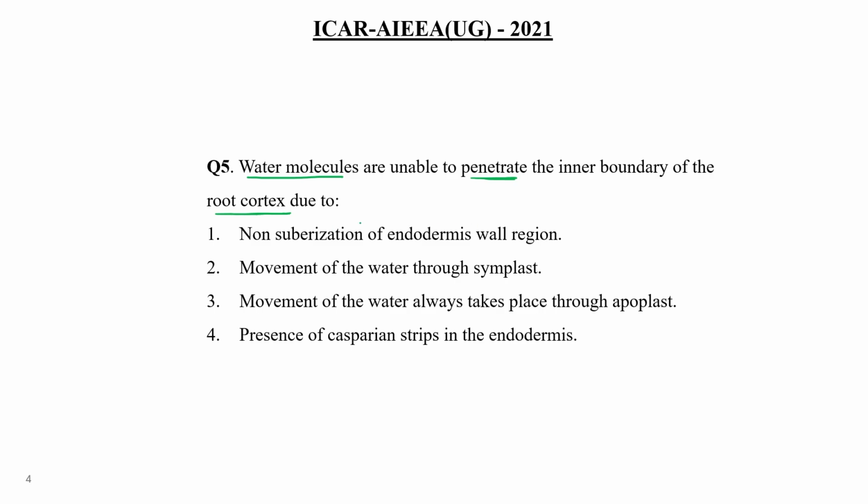Due to non-suberization of endodermis wall region, movement of water through symplast, movement of water always takes place through apoplast, presence of Casparian strip in the endodermis. What is the reason why water molecules are unable to penetrate the inner boundary of root cortex?